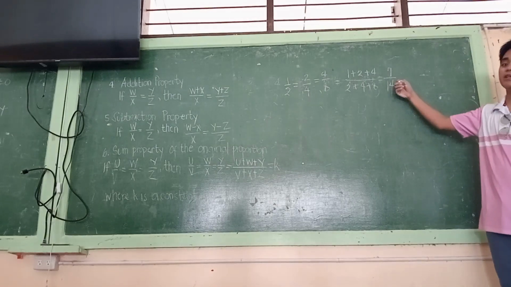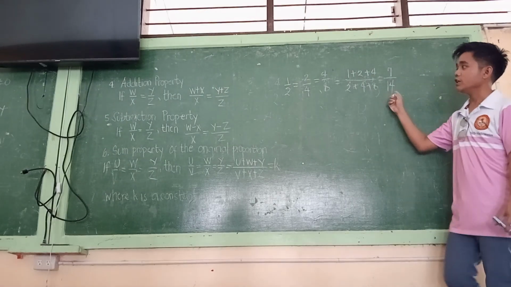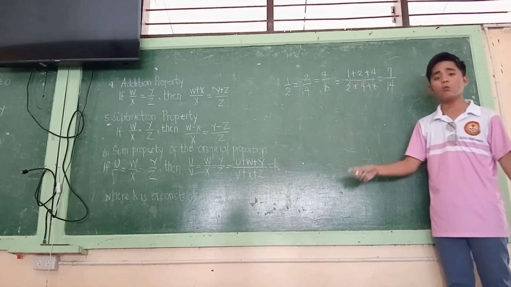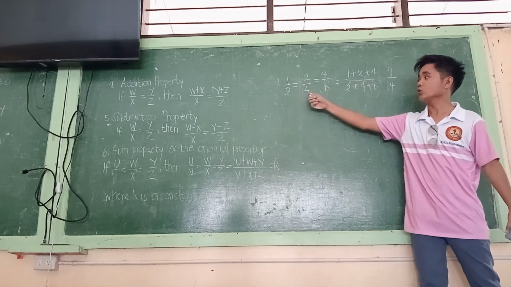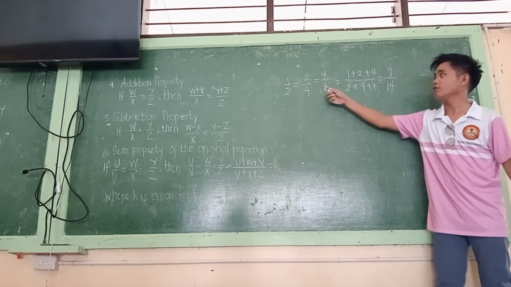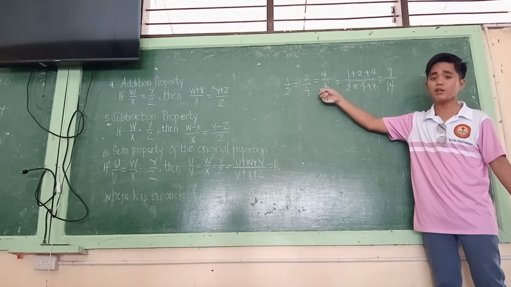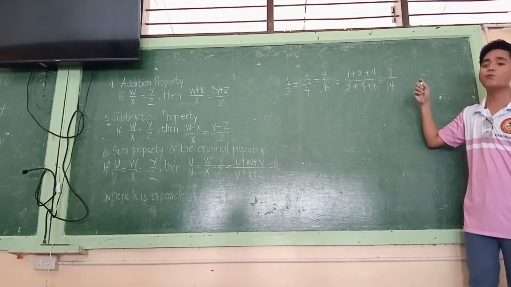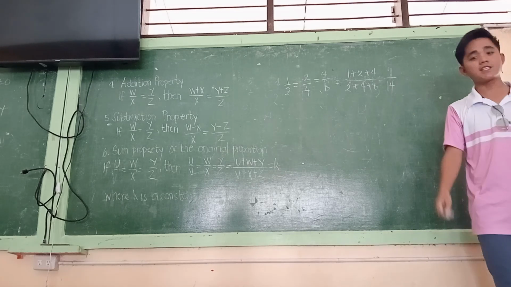We have 7 over 14. Is it equal to the others? Look: 1 over 2, 2 over 4 which is also 1 over 2, 4 over 8 which is also 1 over 2, and 7 over 14 which is also 1 over 2. Understood?